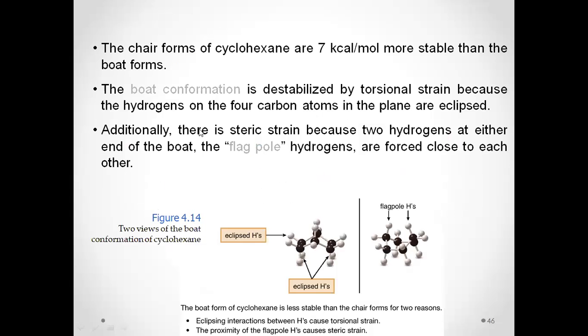The chair form of cyclohexane is 7 kilocalories per mole more stable than the boat form. The boat conformation is destabilized by torsional strain because the hydrogens on the 4 carbon atoms in the plane are eclipsed. Additionally, there is steric strain because the two hydrogens at either end of the boat, the flagpole hydrogens, are forced close to each other. So the boat conformation is unstable.